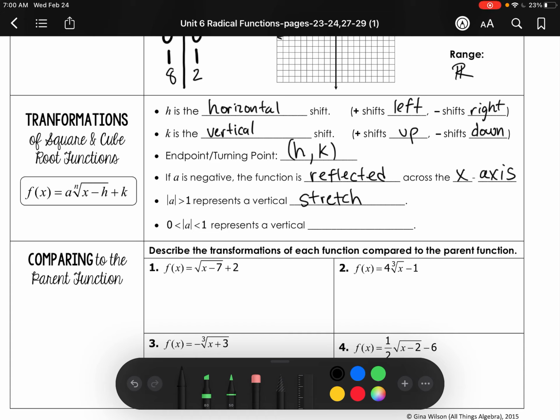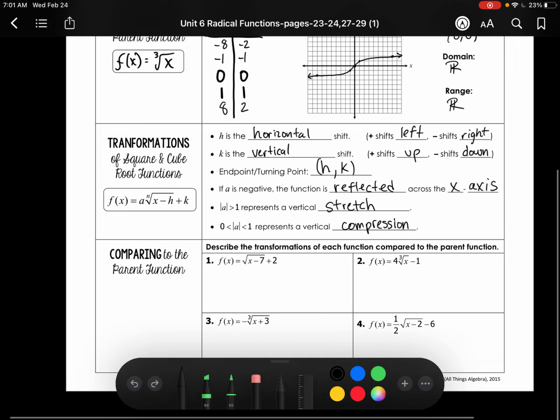And then if a is greater than 0 but less than 1, meaning it's a fraction, then it represents a vertical compression. So the stretch means that our points get further away from the x-axis, and the compression means that our points get closer to the x-axis, right?